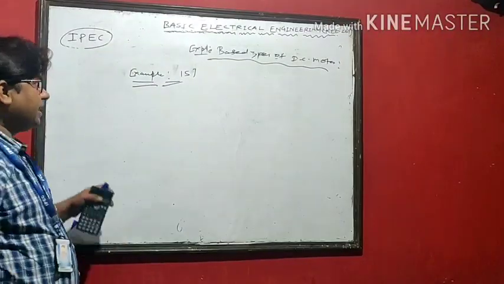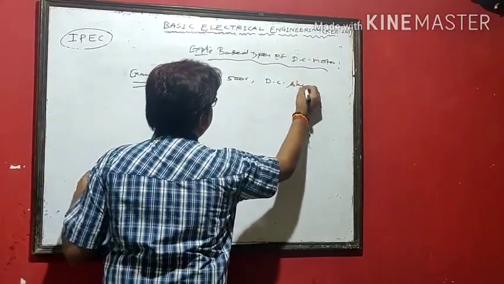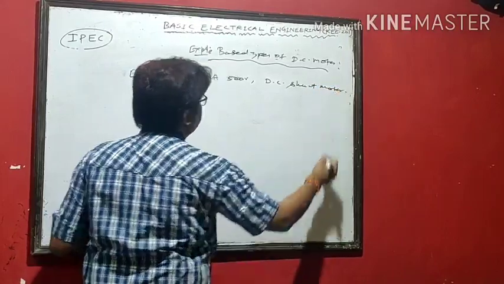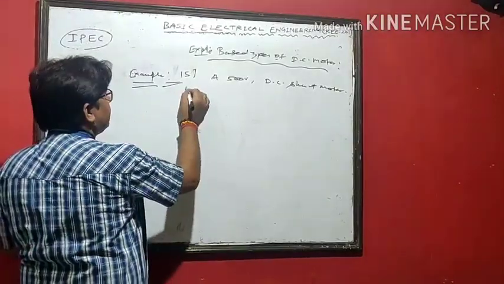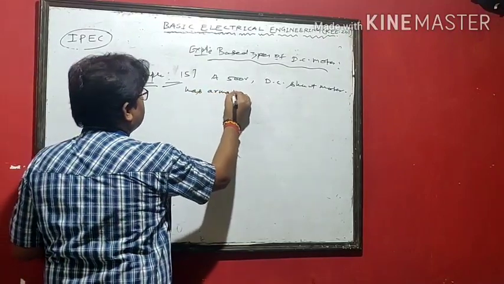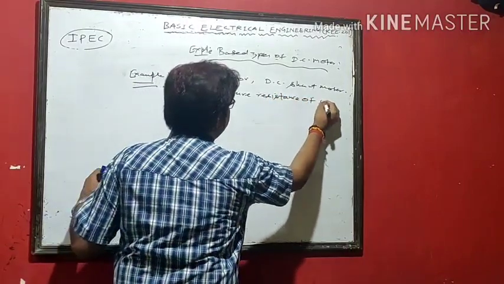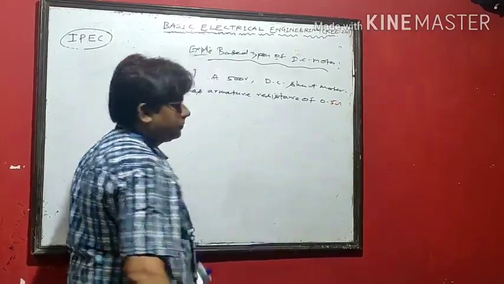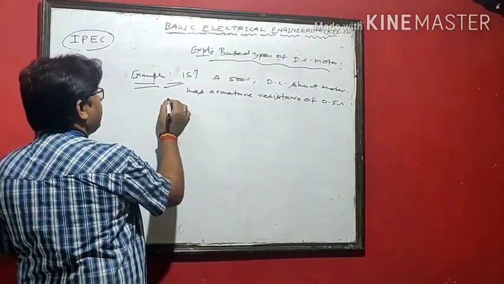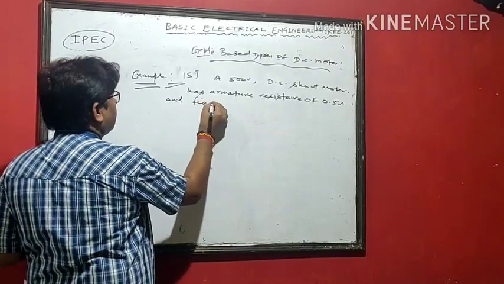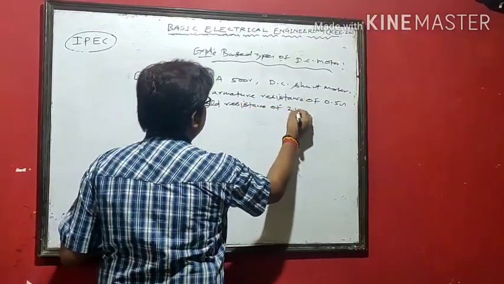A 500 volt DC shunt motor has armature resistance of 0.5 ohms and field resistance of 250 ohms.